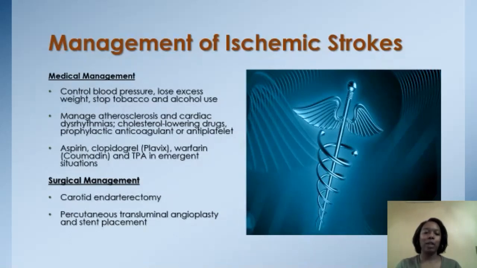Some examples of these medications are aspirin, Plavix, Coumadin, and TPA, which is an emergent drug that is used to manage a CVA within the first 3 to 4.5 hours. And we'll discuss that in more depth shortly.